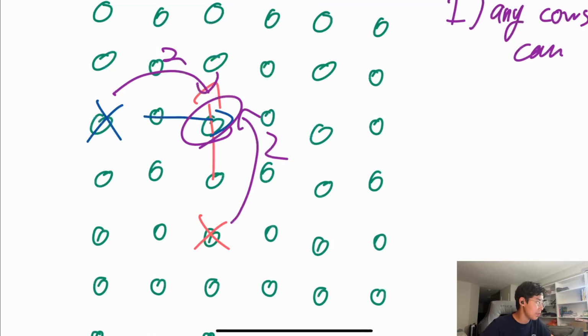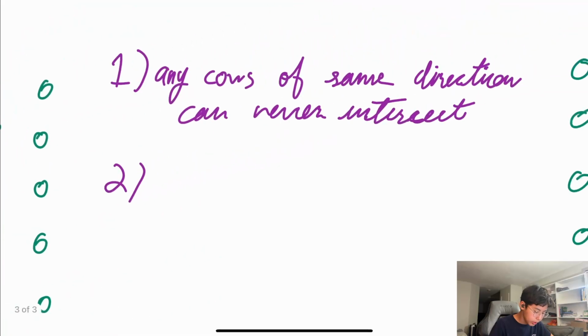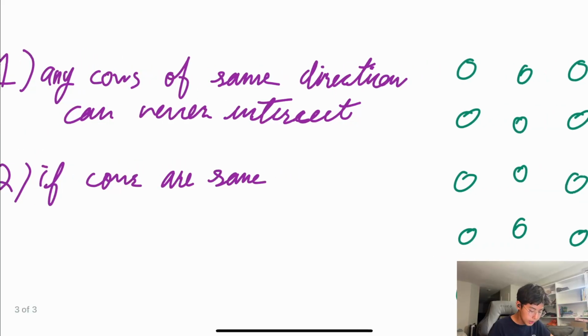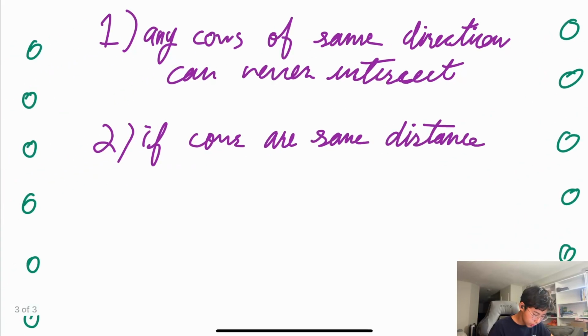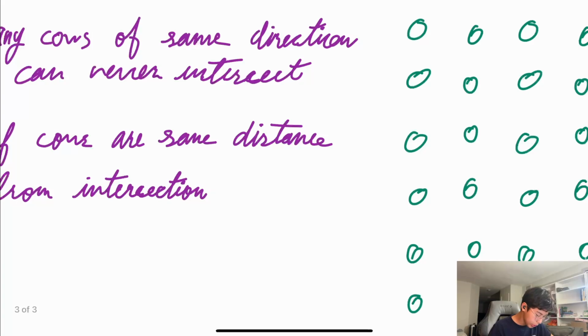So in this case, it keeps on going, right? So if cows are the same distance from intersection, they keep going.